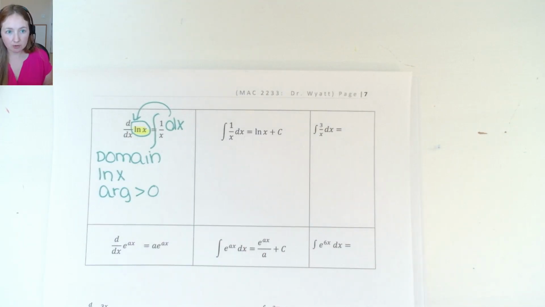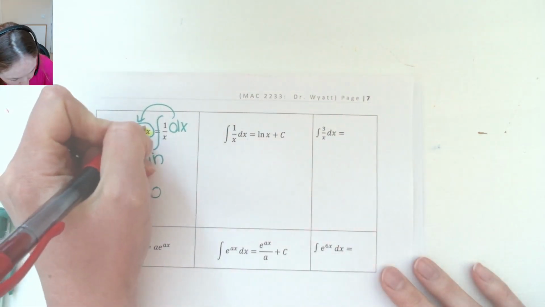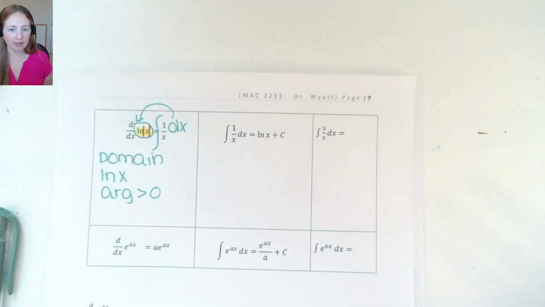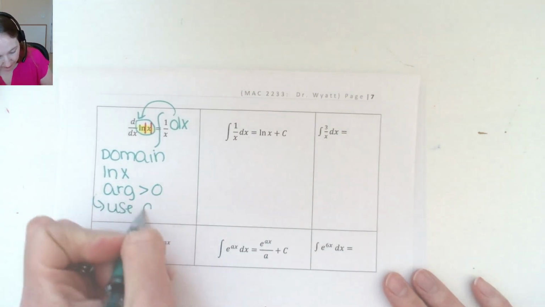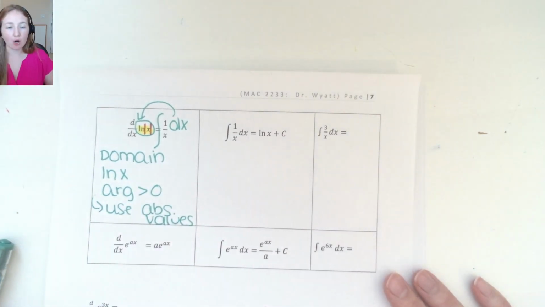So what we need to do to add on to this definition is make sure that this natural log's argument is defined for an appropriate domain. And so for that reason, we are going to use absolute values to ensure that we have a positive argument.